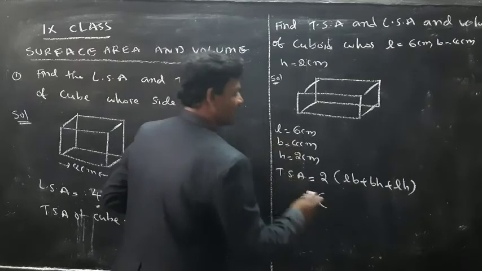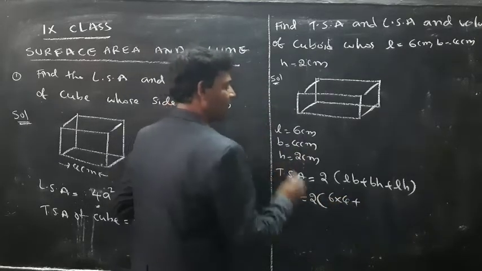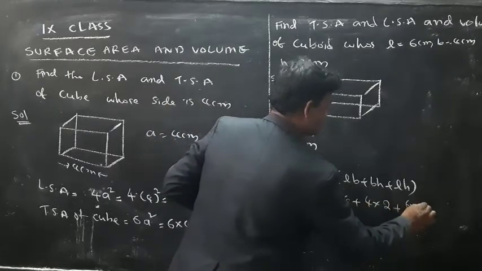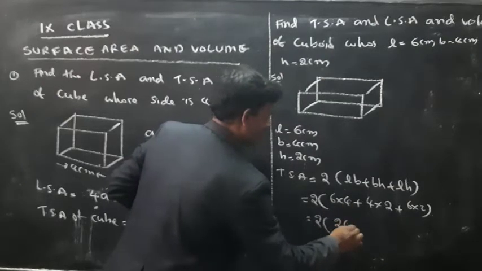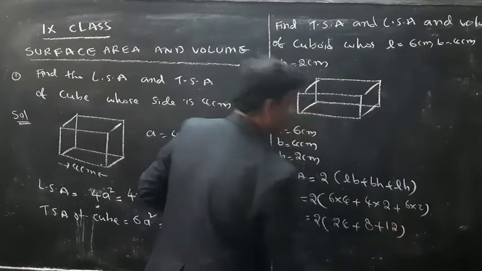What is the length here? 6. 6 into 4 plus B into H means 4 into 2 plus L into H, 6 into 2. 2 into bracket: 6 4s are 24, 4 2s are 8, plus 6 2s are 12.